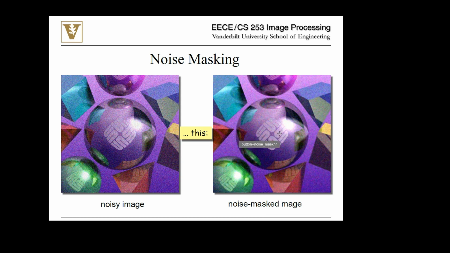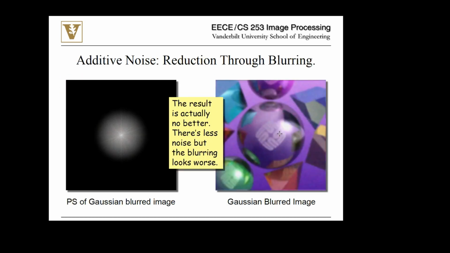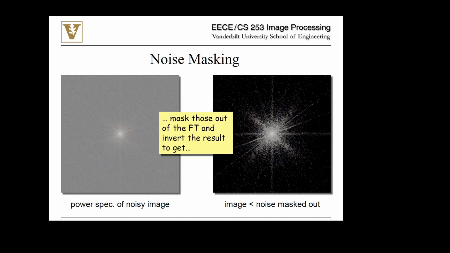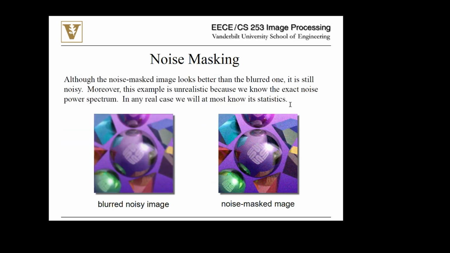It is much sharper than the original low pass filter. The low pass filter looks like this. The new one has sharper edges. But here you need to know exactly which coefficient in Fourier space has more signal than noise, which is not easy.